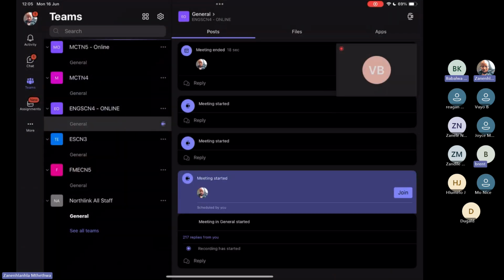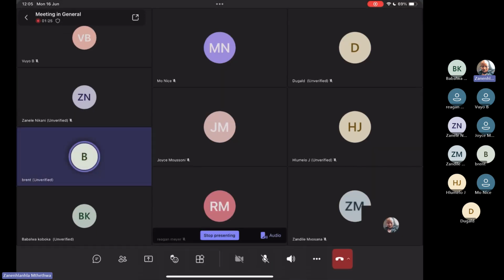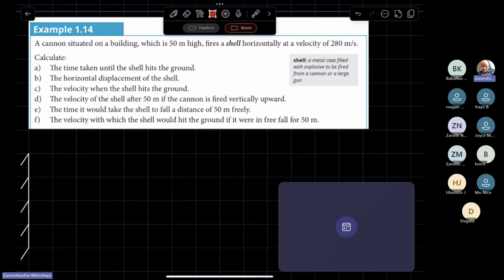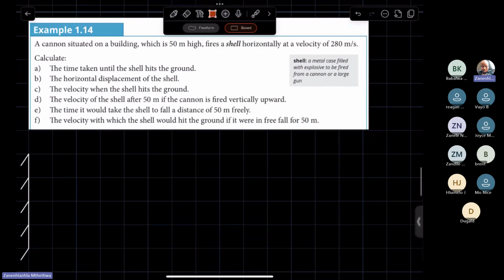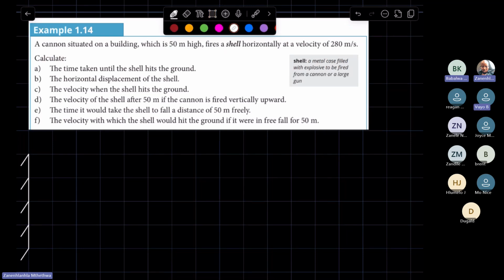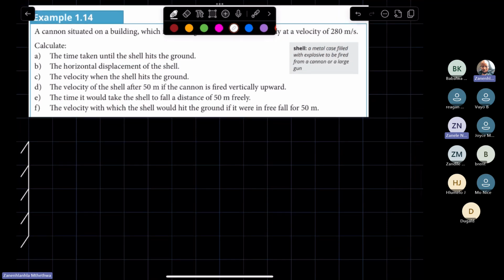You can see now yourself. How's your screen looking, sister? Can you see much, sis? Better. Great. Yes, I can see the question now. Clear.